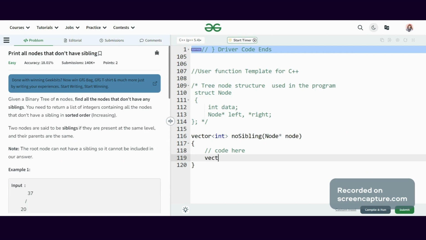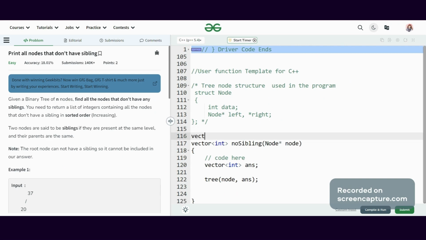So we will take a vector answer first, and we will traverse this whole tree. Okay, vector entry, void tree.